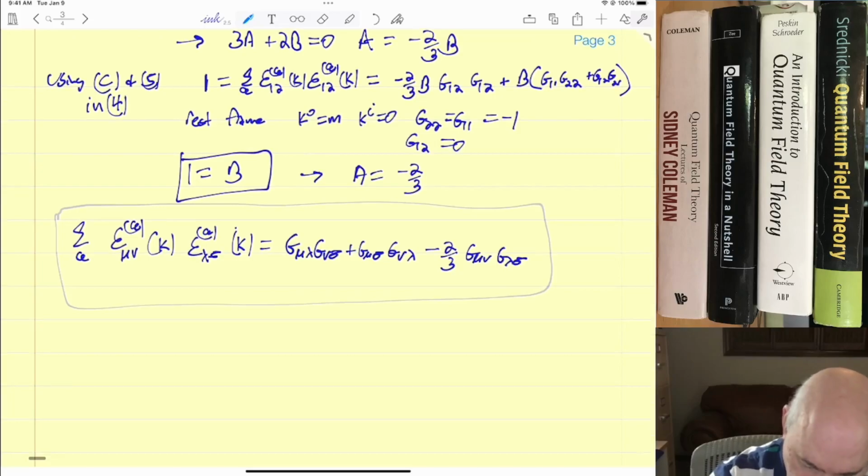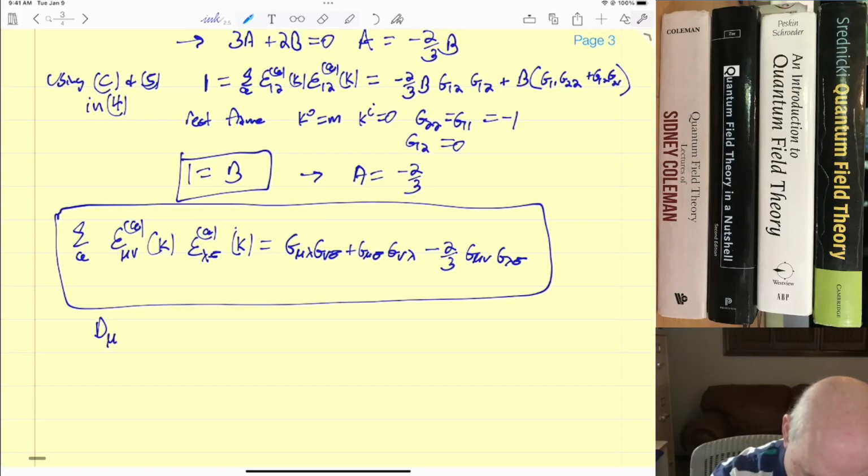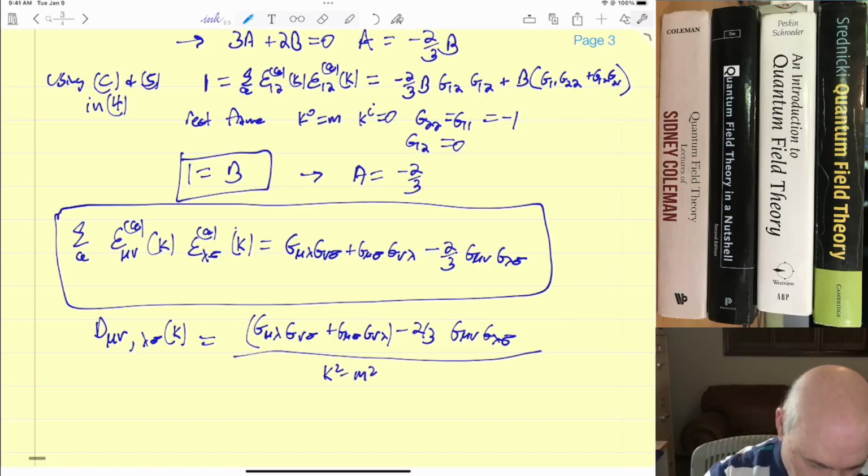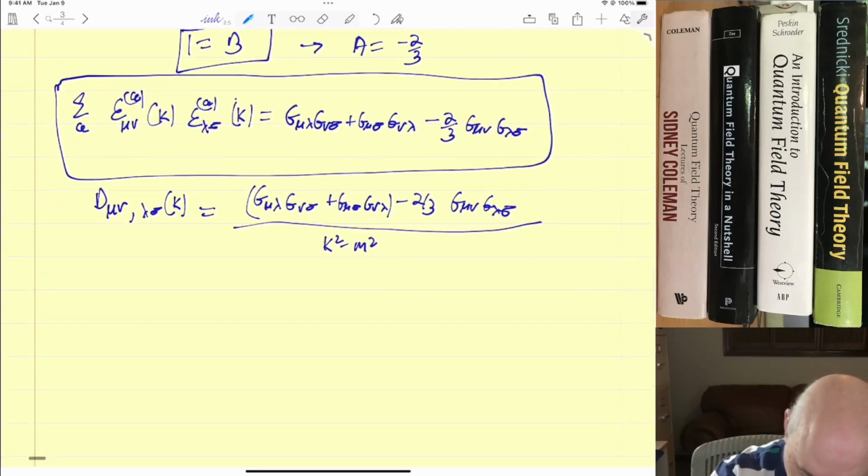Now, the propagator itself, I'll write that down again. This polarization sum. So, gravity, as we've been working, is a spin-2 field.